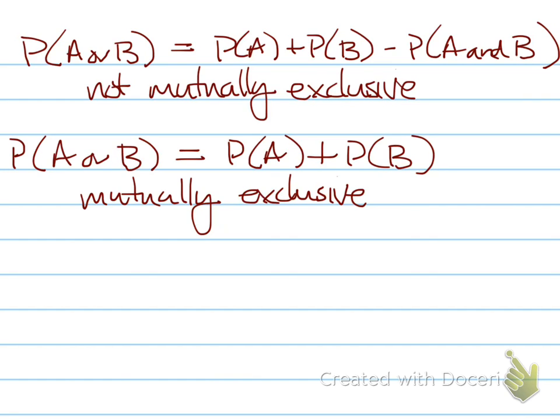Going back to that coin flip example, the probability of flipping a coin one time and it being heads and tails is 0. It's impossible. So the probability of A and B in that mutually exclusive event would be 0.